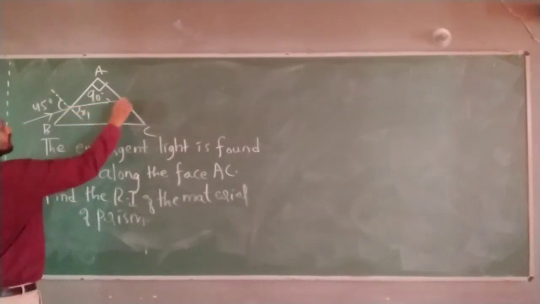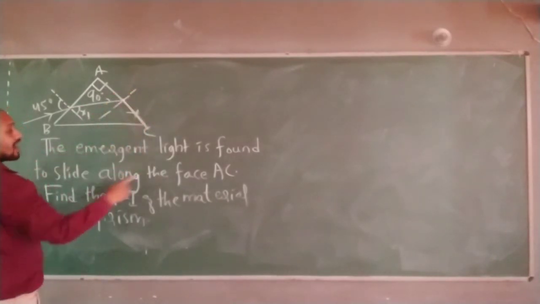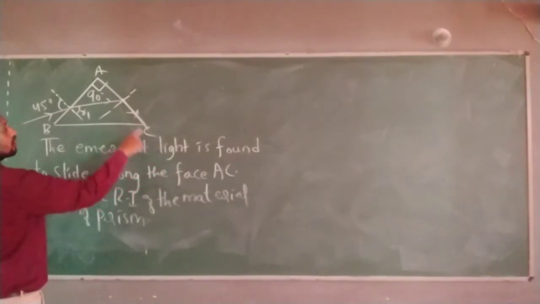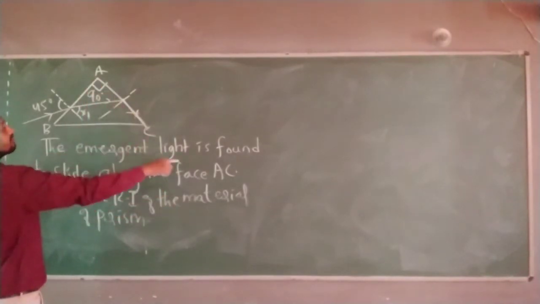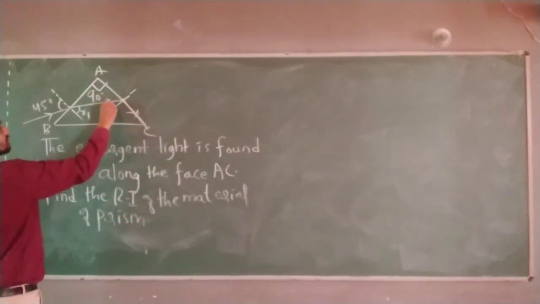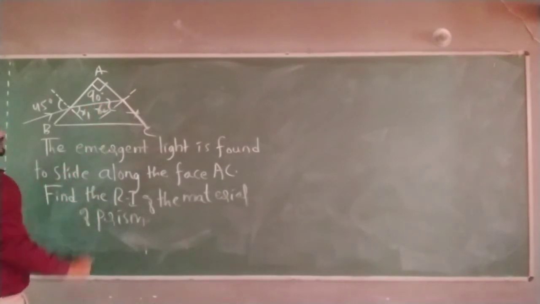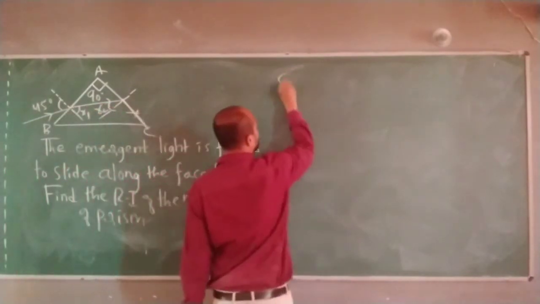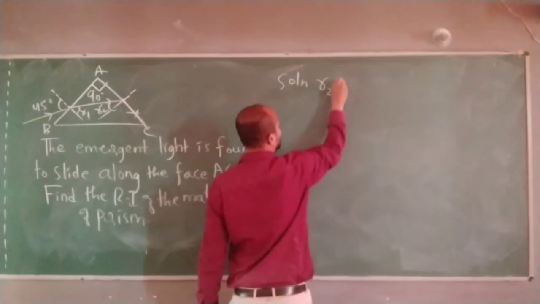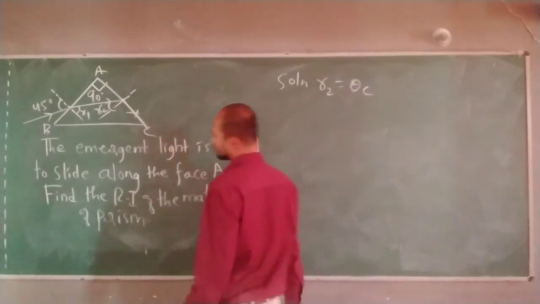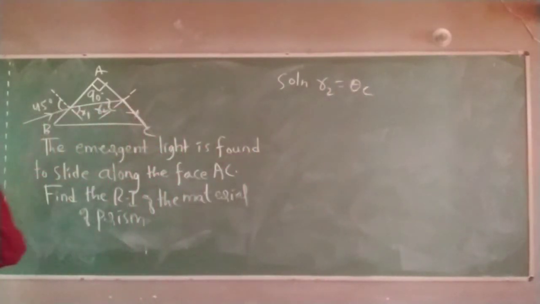This will be r1. If I draw one normal, the ray will slide along the face AC. The final ray will pass like this. This will be r2, and from the given condition in the question, r2 will be equal to theta C.